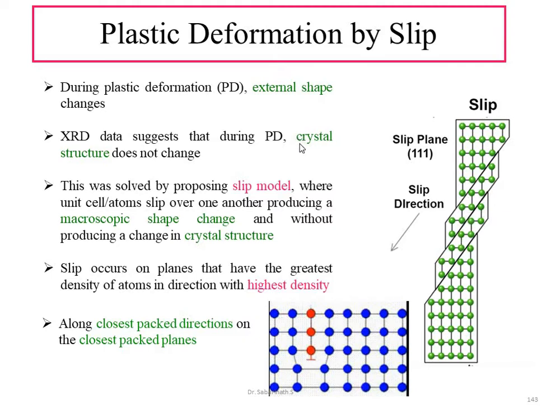But what they saw is that there was no crystal structural change. That means the external shape has changed, but the internal crystal structure has not been disturbed.